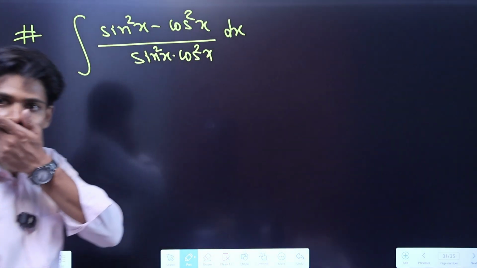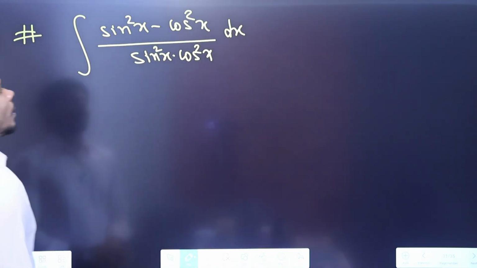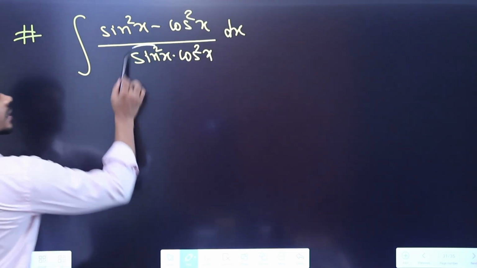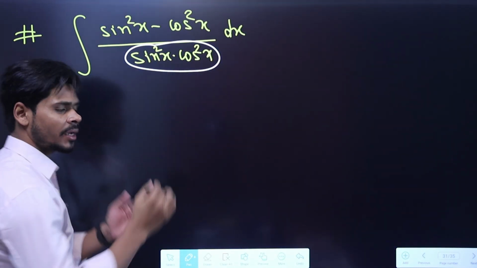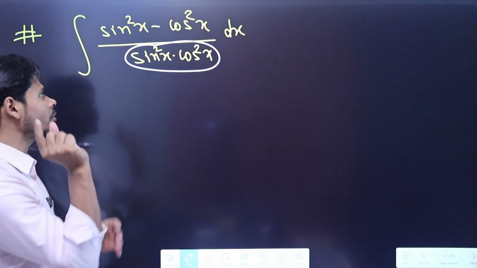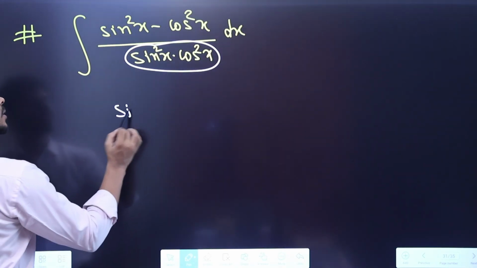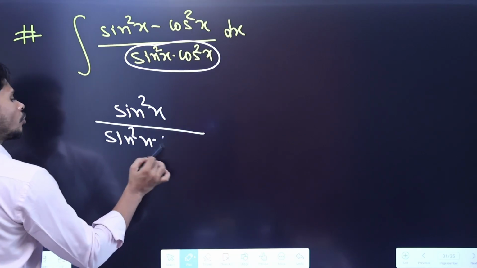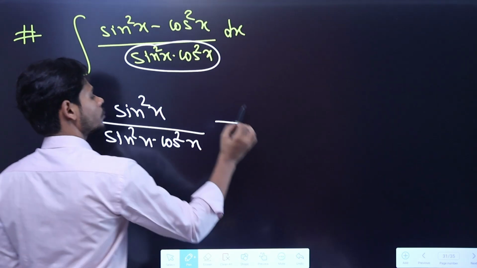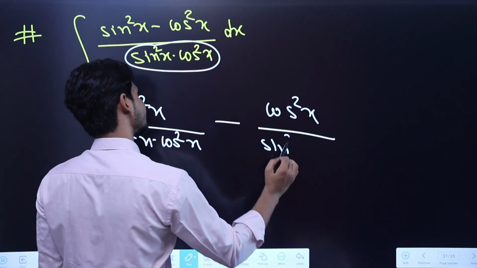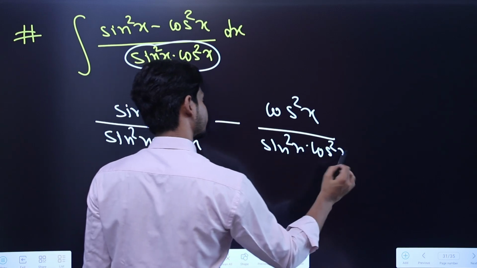Next, what we can do in this type of question is just to take this term and multiply. If there are so many terms, they are taken together collectively as one term. So sine square x divided by sine square x into cos square x, and then again cos square x divided by sine square x into cos square x.